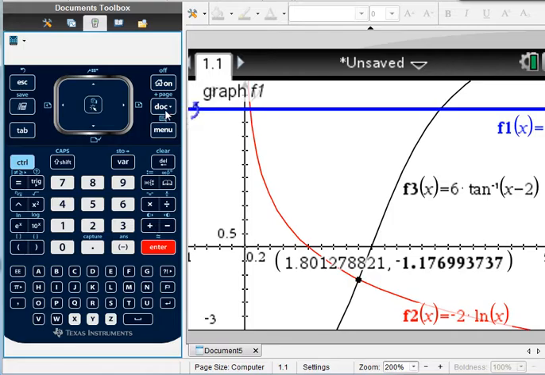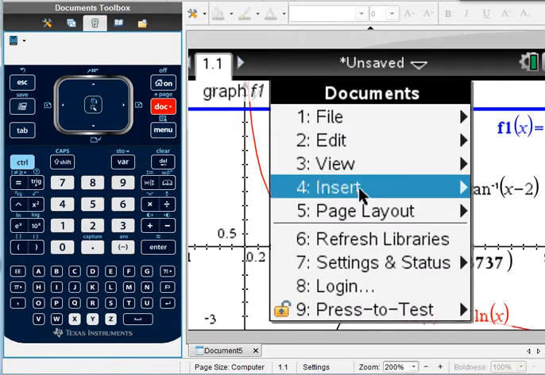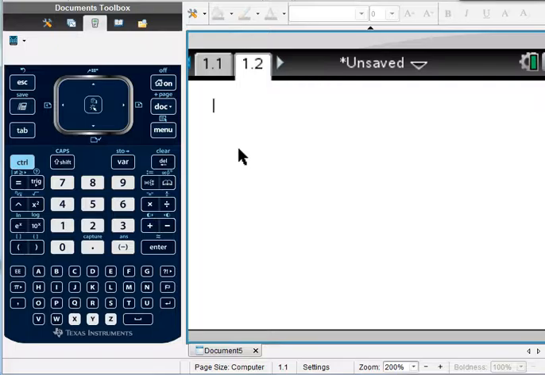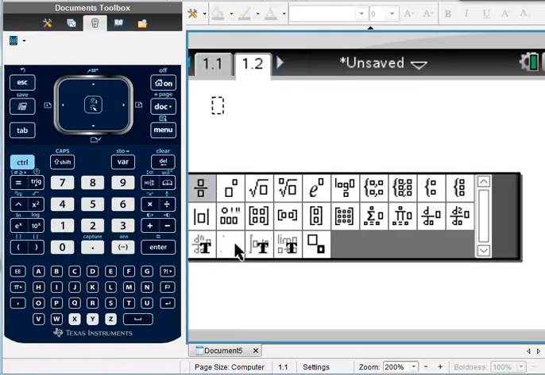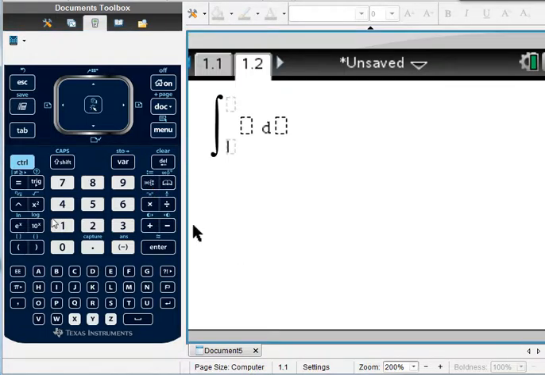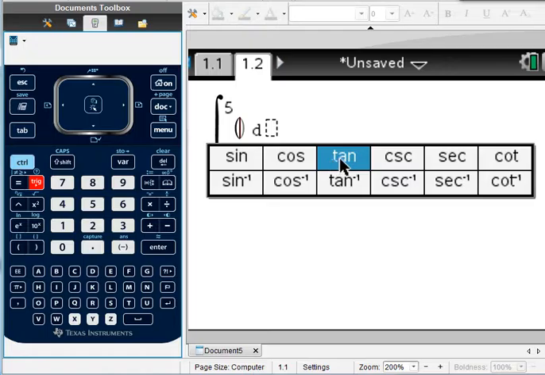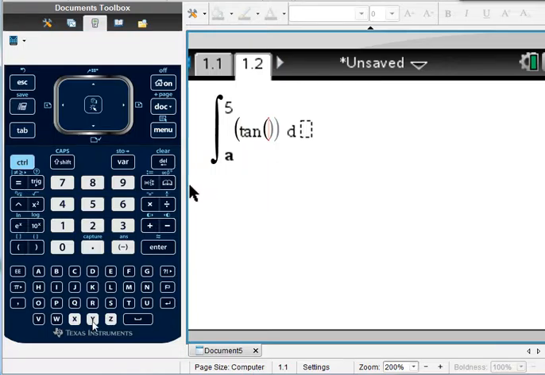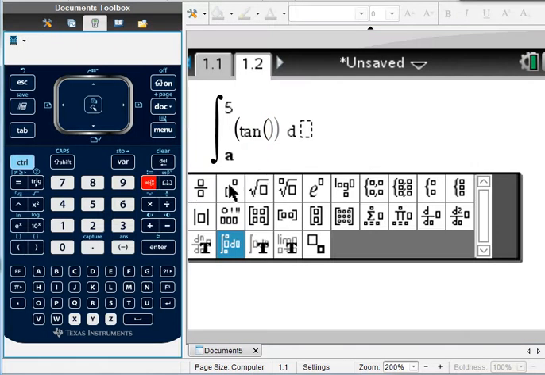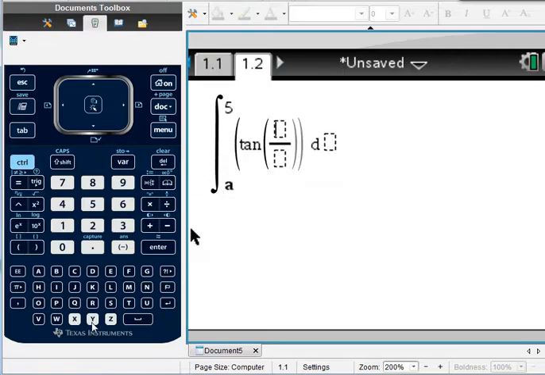And then to integrate this, document, insert the calculator part. You would just have integral, definite integral, from a to 5, and then it was tangent of y over 6 plus 2 minus e to the negative y over 2, let me just double check here. Yeah, y over 2. And then dy. Here you can actually use y on the Inspire, so it looks more like what you wrote down on paper.